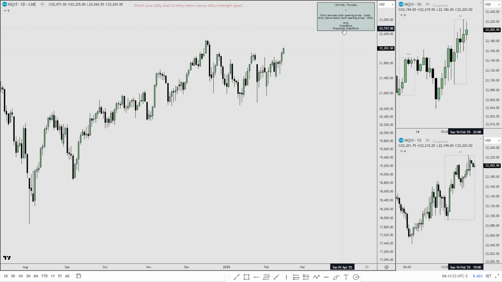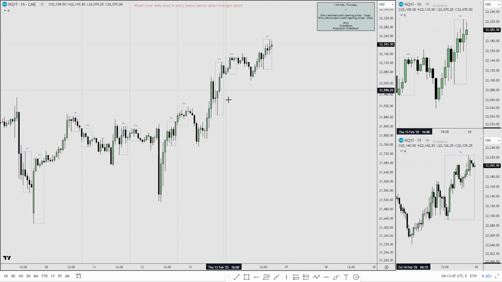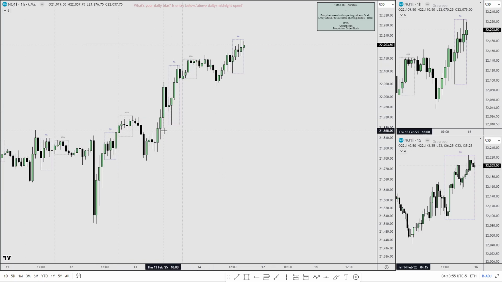Because everything else out there, I assume that you have learned before in terms of entry models and all the basic stuff, because I'll only be using the basic stuff. Now, dropping down into the 1 hour chart, we are going to focus on Thursday, because that was the last trade that I took on live stream. We're going to focus my model here.